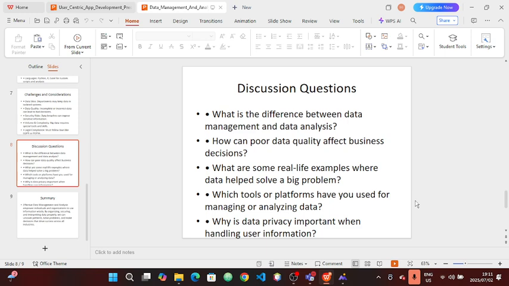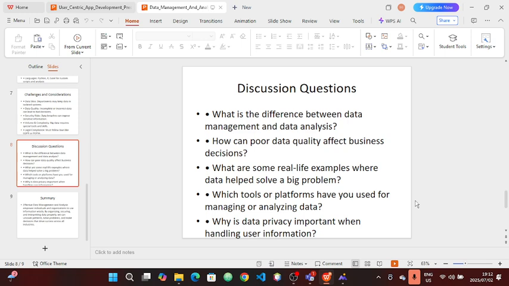So yeah, the fourth question: which tools or platforms have you used for managing or analyzing data?